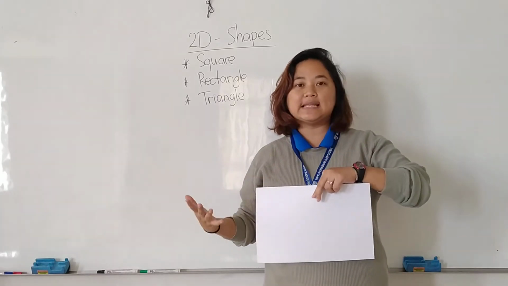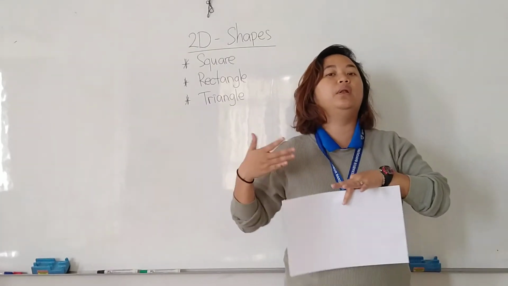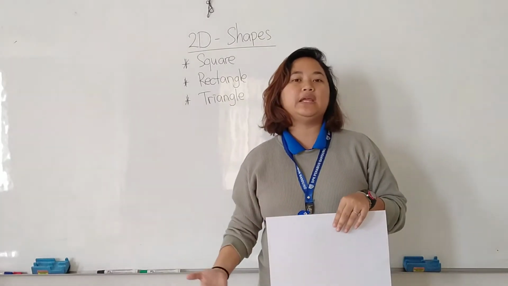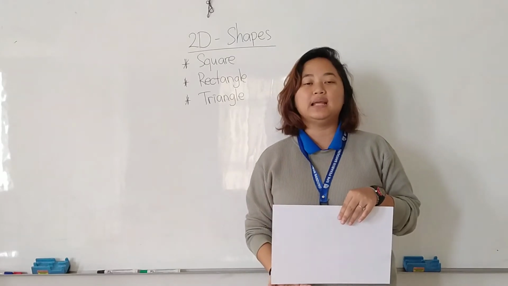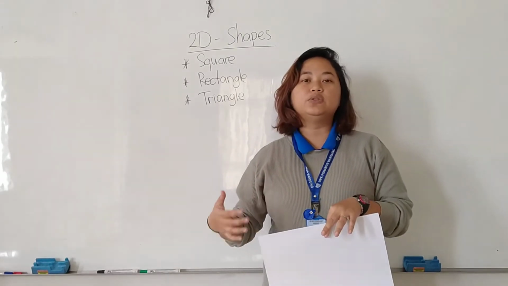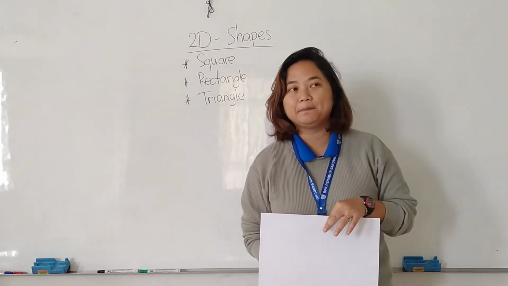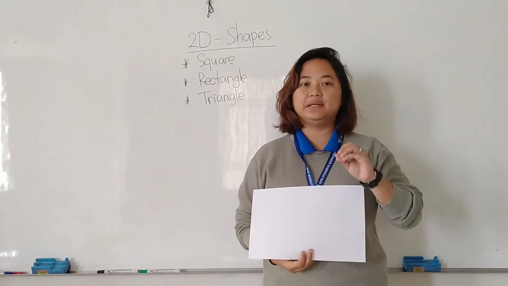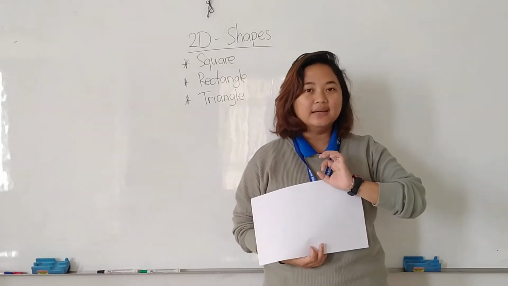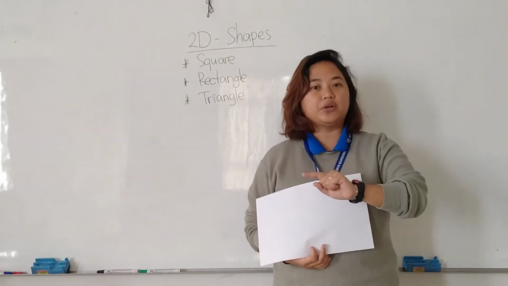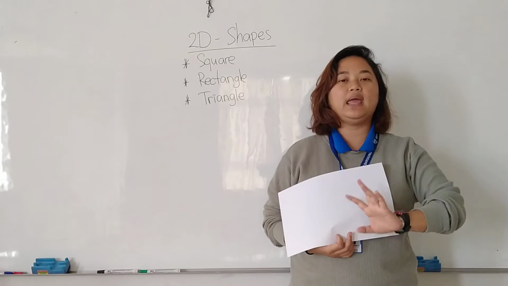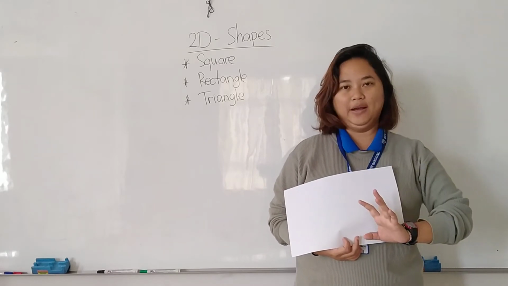We call this the length because length is always the longer part compared to the other borders or lines that form the 2D shape. So far, can you follow me? Do you understand how to differentiate between the length and the width? The width is always the shortest, but the length is always the longer one.